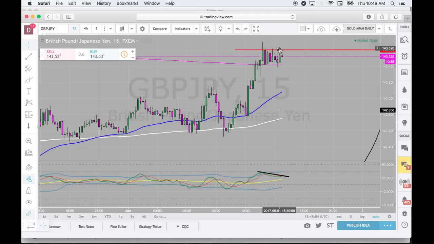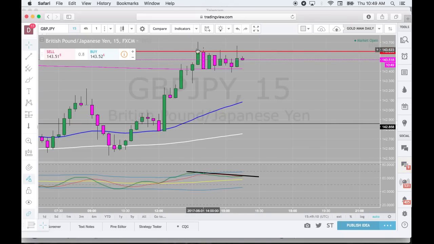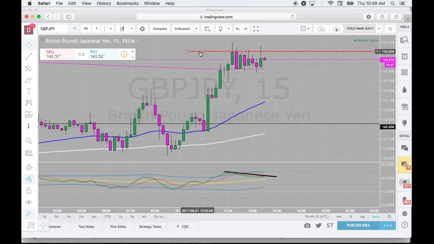So, where would we want to sell? Well, at the first leg right here, you could have sold here, or you could have sold at that tippy top, or you could sell right now. I mean, the only difference is your risk reward ratio.